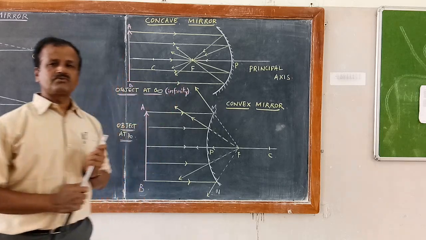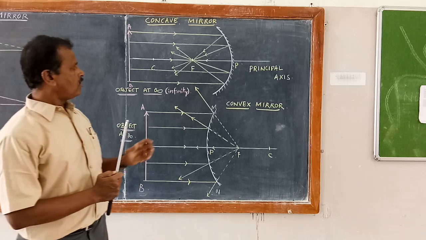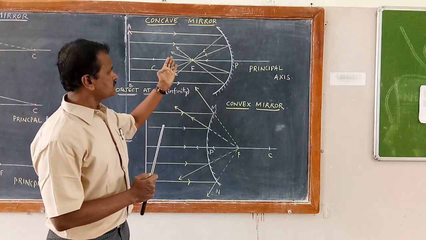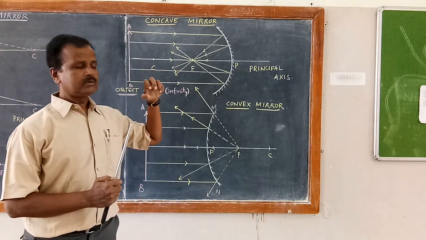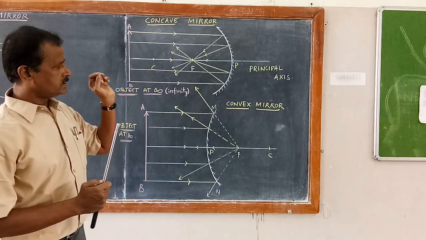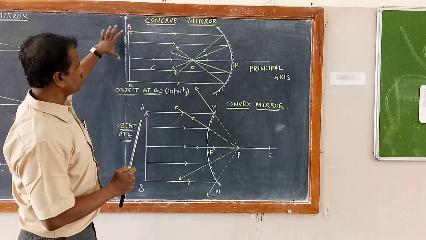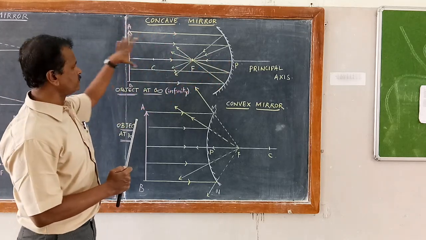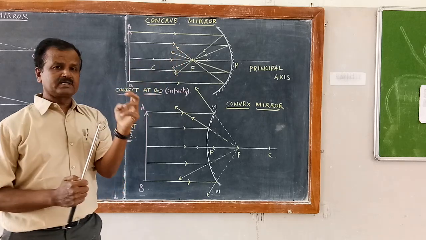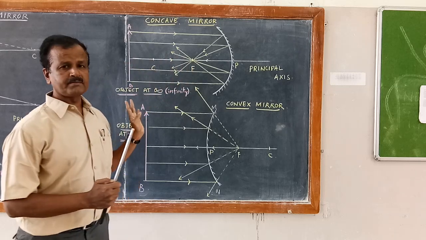Principal focus for a concave mirror is that point at which all the reflected rays are converging. Here, when the rays are falling from infinity parallel to the principal axis, after reflection, they converge at that point, and this point is called as principal focus.